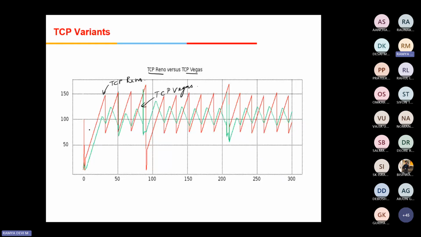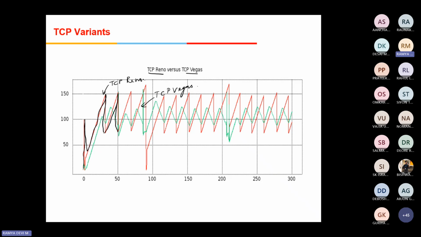Reno follows loss-based congestion control. It starts with slow start, exponential growth, then linear growth. On three duplicate acknowledgements it halves the window, again goes linear, and again halves. This is TCP Reno.